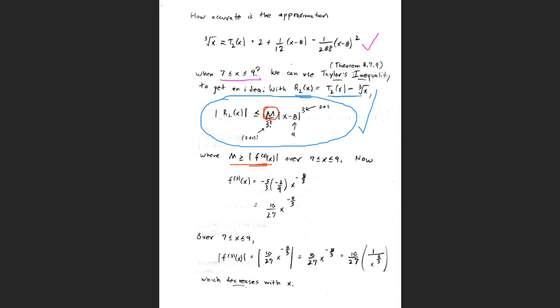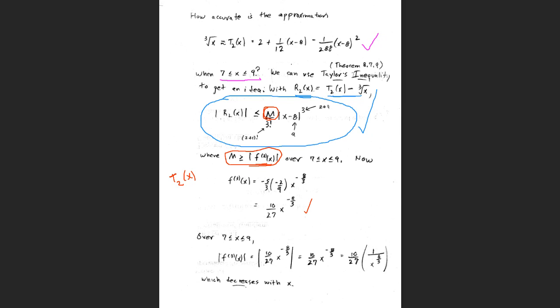Okay, so finding M. By Taylor's inequality, M has to be greater than the absolute value of the third derivative of the function. Again, it's the third derivative because we're working with the second degree Taylor polynomial, and 3 is 2 plus 1. I find the third derivative, which is not hard to find.